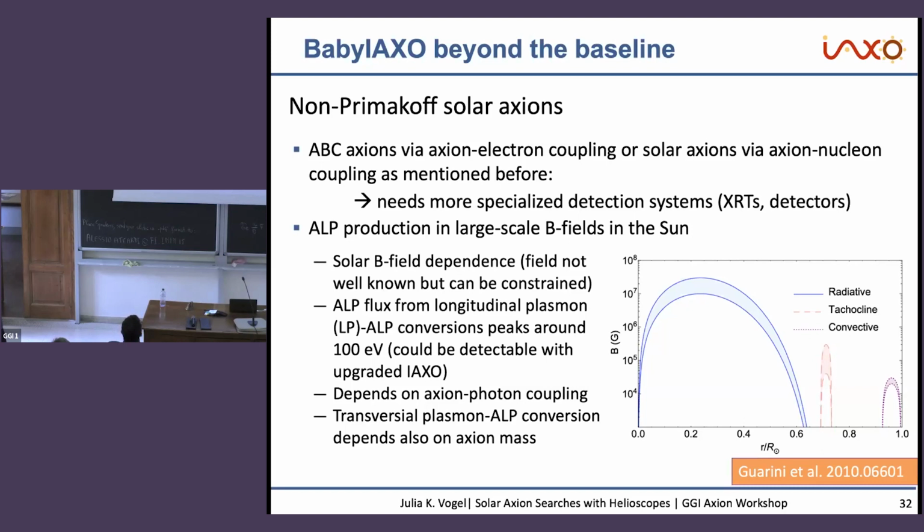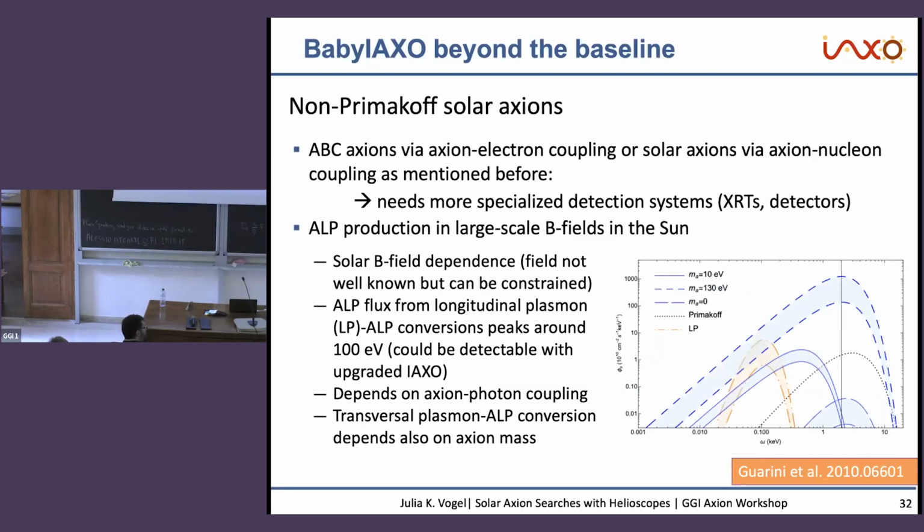Then recently it has been put forward that we can also produce ALPs via the large scale B fields in the sun. So these are the estimates for B fields by Guarini et al. for the radiative zone, the tachocline, and the convective zone. So there could be an ALP flux from longitudinal plasmon-ALP conversion that peaks around 100 eV, that's the yellow curve. I think the uncertainties here are mostly due to the unknown B field, or the estimates of the B field.